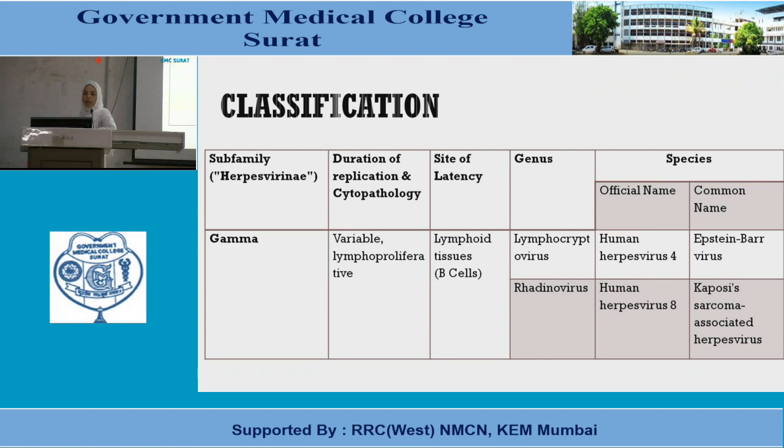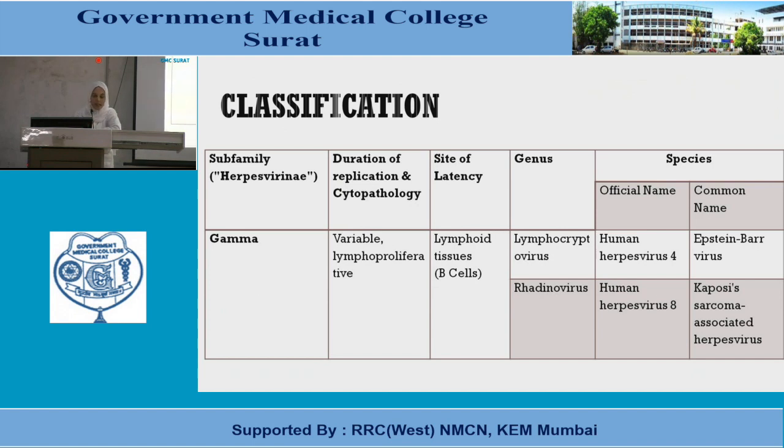into two groups: lymphocryptovirus, which is also human herpes 4, and more commonly called Epstein-Barr virus, which is again a pre-malignant to nasopharyngeal carcinoma. So you definitely need to be careful when you are dealing with such cases.